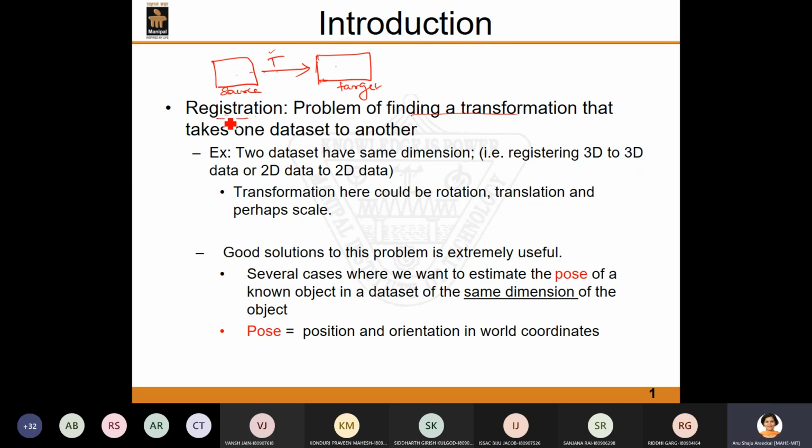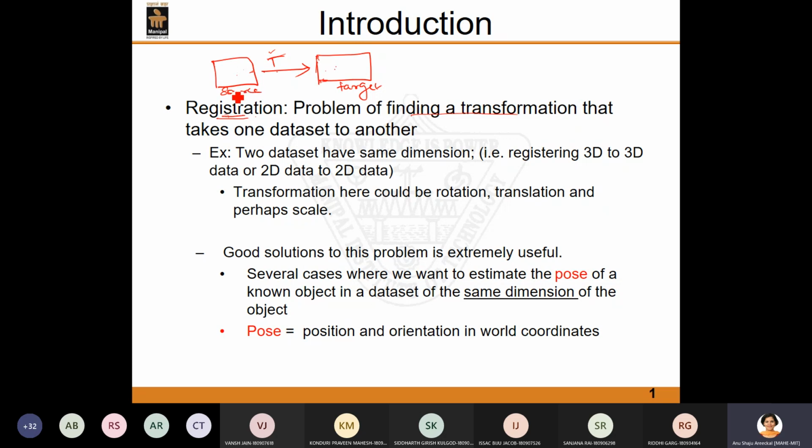And the basic problem of image registration boils down to finding what this transformation is that relates the source to the target, because only if you know what transformation has happened will you be able to align these images together, or, for a 3D reconstruction, reconstruct the actual object from these images.